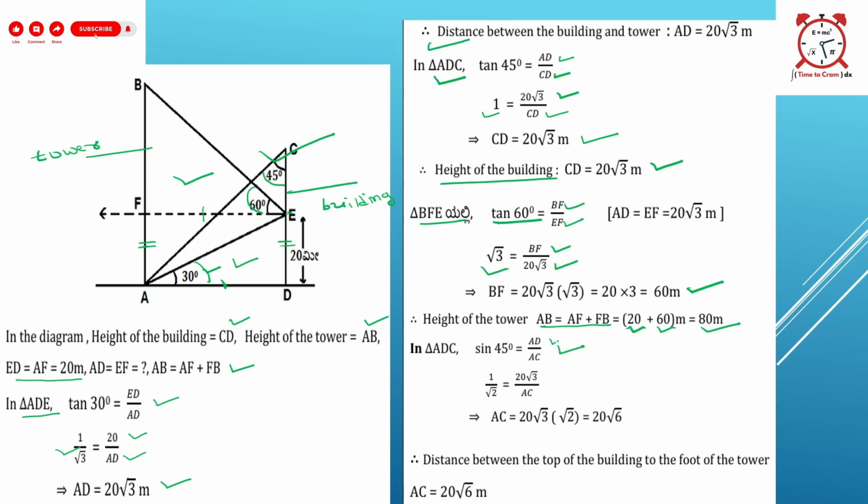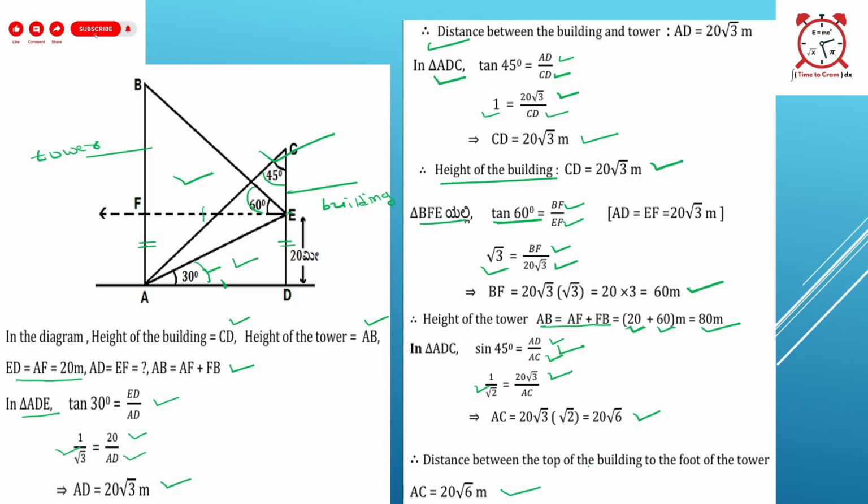So AD is opposite and AC is hypotenuse. Sin 45 equal to 1 upon root 2. AD we found already 20 root 3 and AC we have to find. So from this cross multiplication we will get AC as 20 root 6. So 20 root 6 is the distance between the top of the building to the foot of the tower. So this is our last answer.